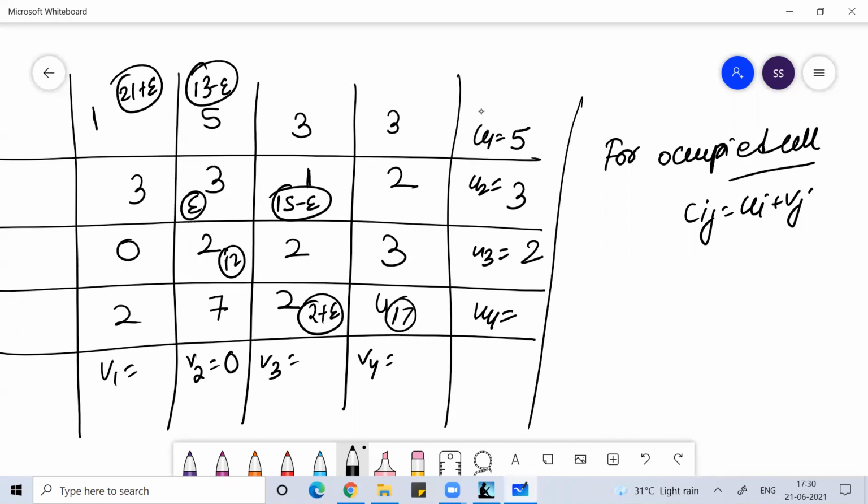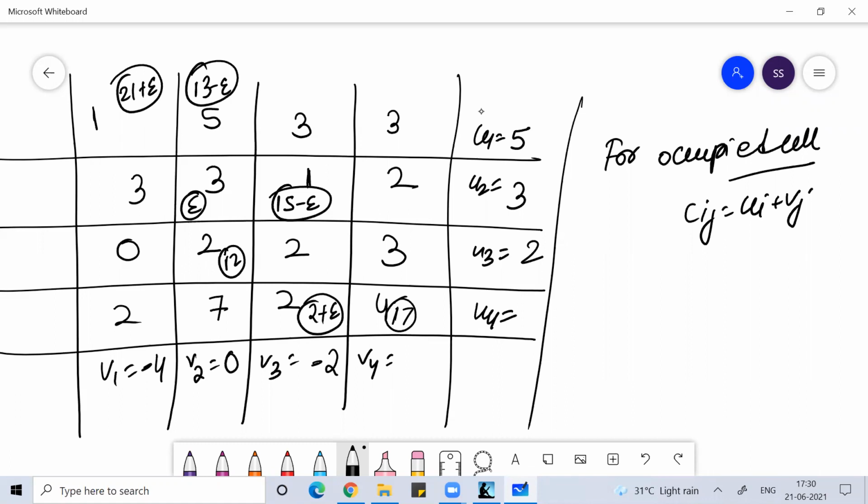Then you can find V1. This cost is 1. This is 5. So 1 is equal to 5 plus x. This will be minus 4. Then this cost is 1. This is 3 minus 2. Then 2 is equal to u4 plus minus 2.